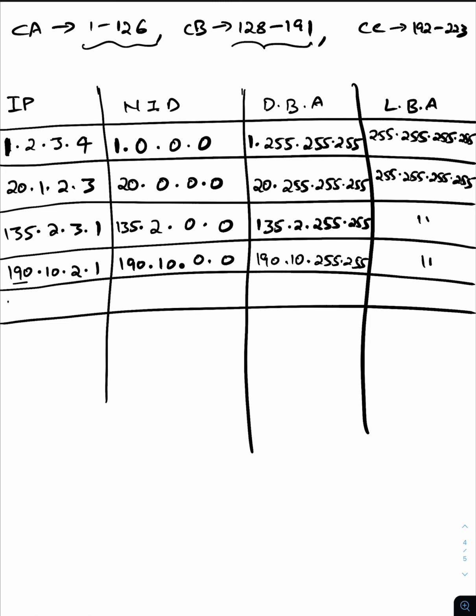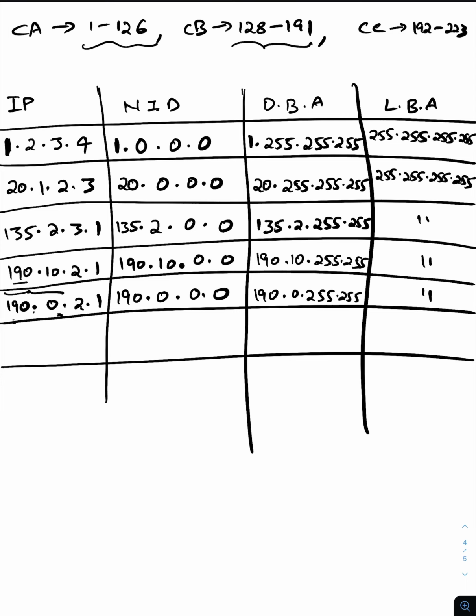Let's take one more in class B. I just want to make one thing clear here. Maybe 190.0.2.1. Here the first two octets represent your network ID, so the network is 190.0.0.0, since your first 16 bits are 190.0, and the direct broadcast address is 190.0.255.255, and the limited broadcast remains the same.